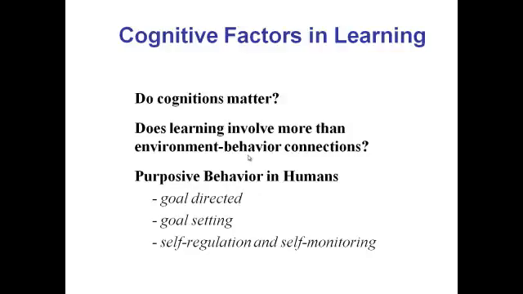We set goals for ourselves. We engage in self-regulation. We look back and see, are we achieving our goals? Do I need to go back and change the way I'm doing something? We do this all the time. We monitor our own behavior. We're watching to see that we are engaging in the behaviors that we want to lead to the reinforcement we want. And again, these are cognitive processes that are going on in terms of us looking at ourselves and deciding the paths we're going to take.